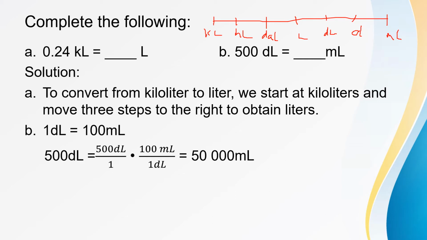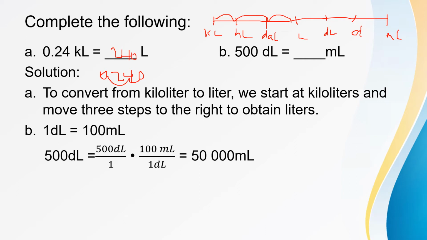Since this is kiloliter to liter, we just move 3 steps: 1, 2, 3. So 0.24 becomes about 240 liters.